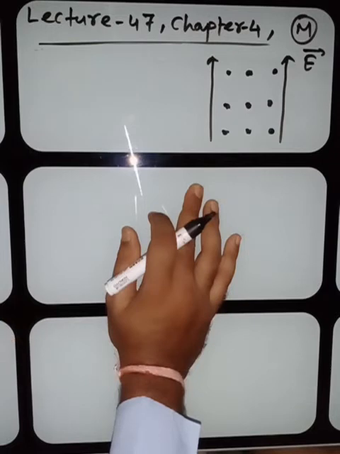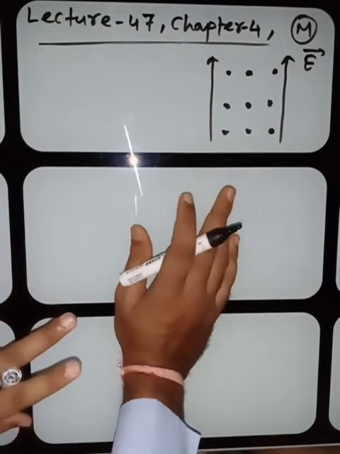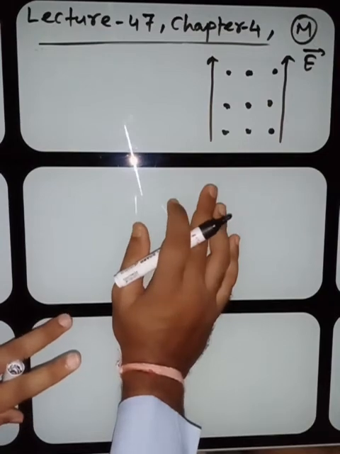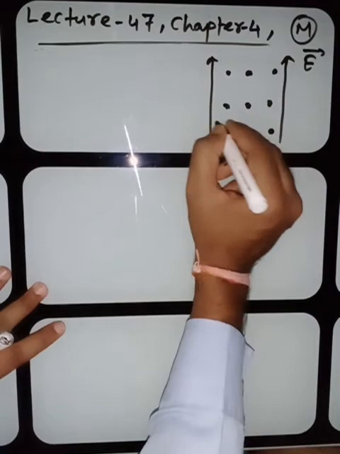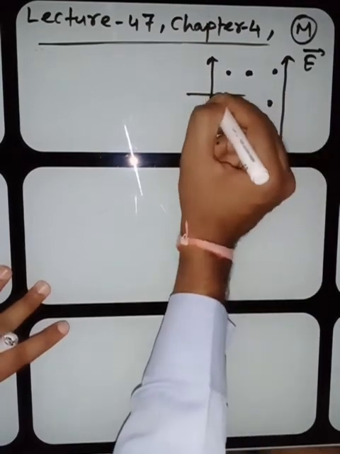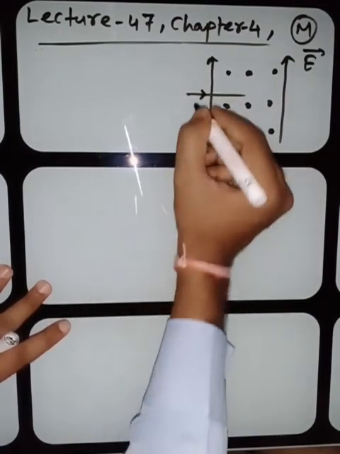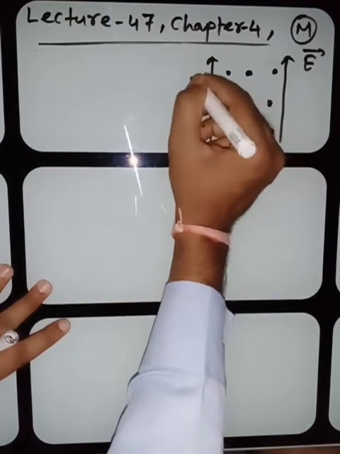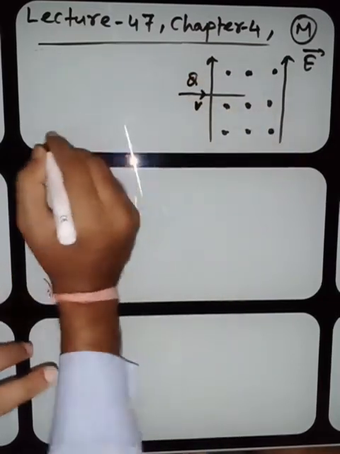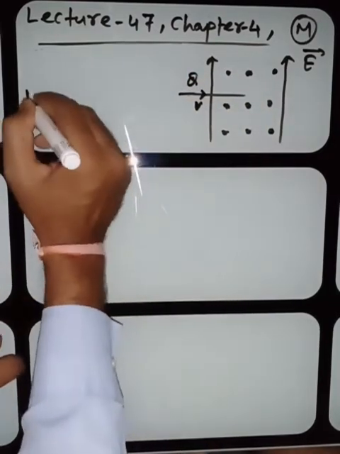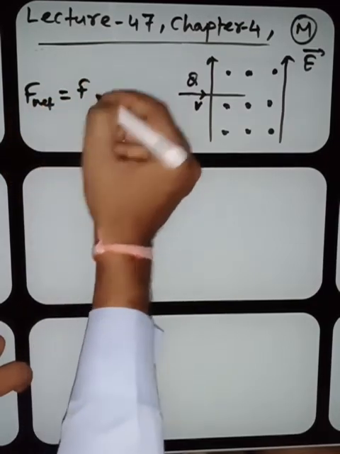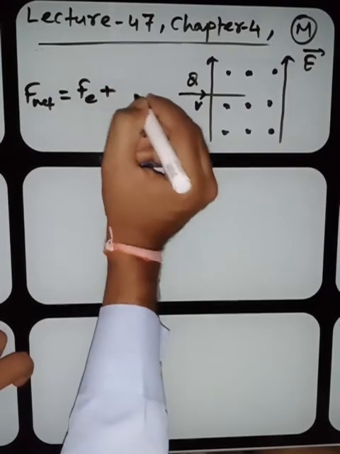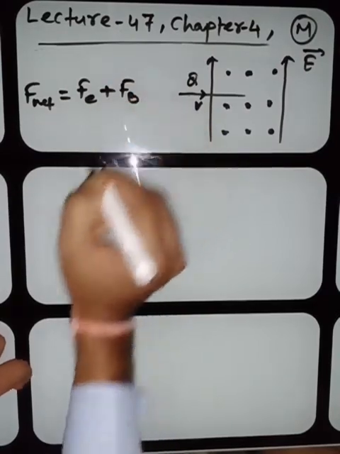If you project a charged particle in this field, where the electric field is perpendicular to the magnetic field, with velocity v, what will be the net force? You write the net force as the force due to the electric field plus the force due to the magnetic field.